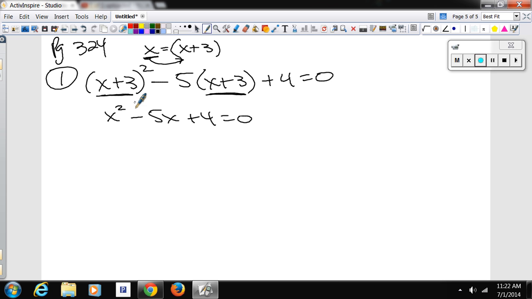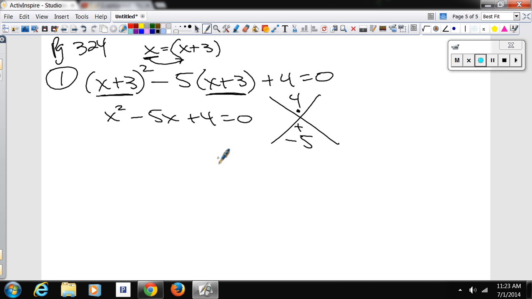Now, do you remember using the x to factor two things down? Or an x or a star or whatever they use? The last number goes on top, the middle number goes on the bottom. And we need two numbers that would multiply to give me a positive 4 that would add up to a negative 5. Can you think of those two numbers? Multiply to give you positive 4, add up to negative 5. Negative 4, negative 1.